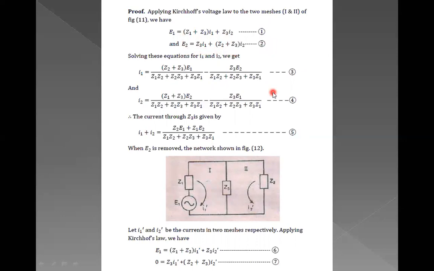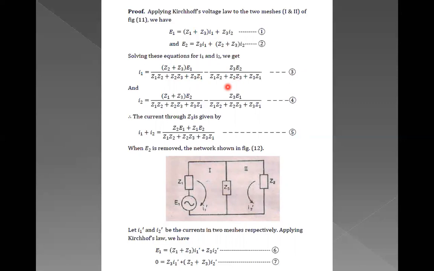Now by solving these two equations to get the values of I1 and I2 independently, we can have the value of I1 as (Z2 plus Z3) into E1 divided by (Z1 Z2 plus Z2 Z3 plus Z3 Z1), minus Z3 E2 divided by (Z1 Z2 plus Z2 Z3 plus Z3 Z1).